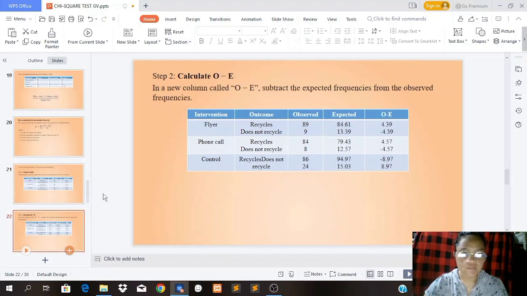Then, step 2. Calculate O minus E. In a new column called O minus E, subtract the expected frequencies from the observed frequencies.